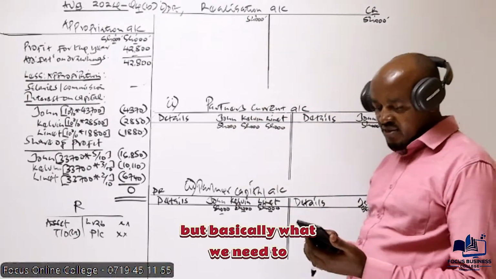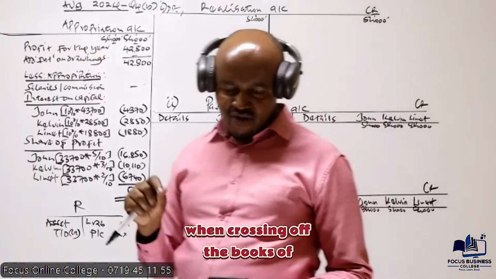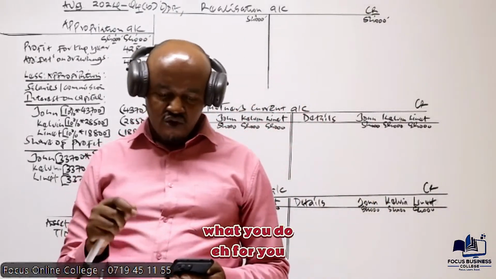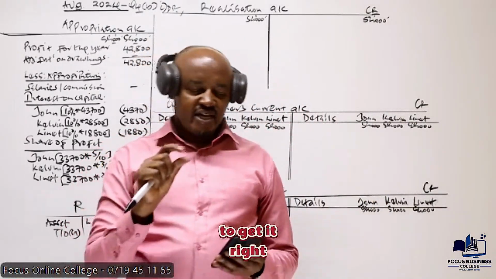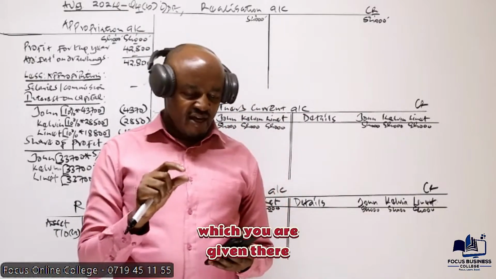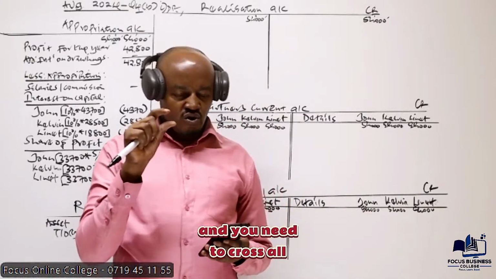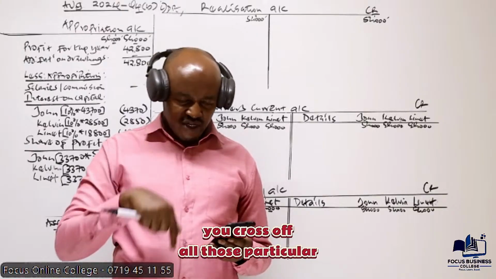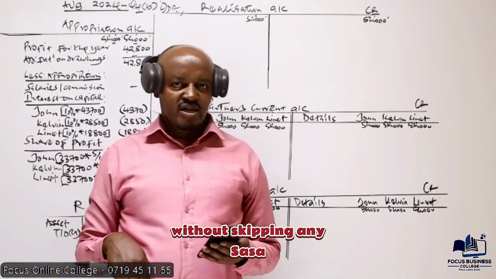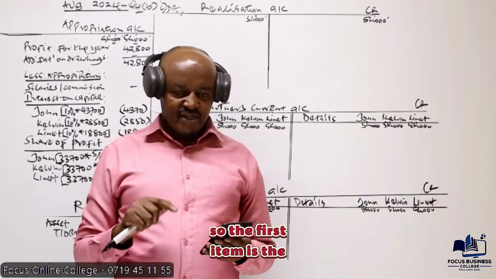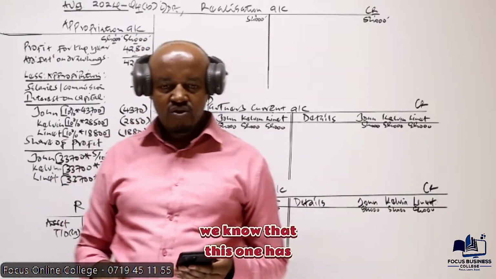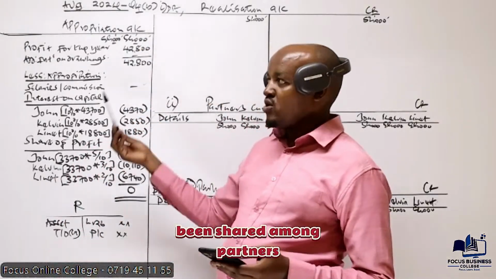But basically, when closing the books of account of the partnership, for you to get it right, go back to the trial balance which you're given here, and close all those accounts without skipping any. The first item is the net profit. This net profit has been shared among partners.